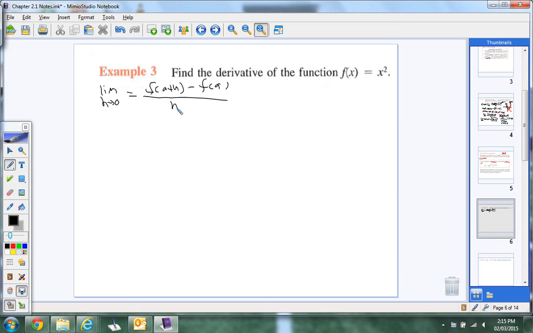Okay, it says f of x. Sorry, I put a's. So what we're going to get is a plus h squared minus a squared, all over h. That then simplifies to a squared plus 2ah plus h squared minus a squared, all over h.